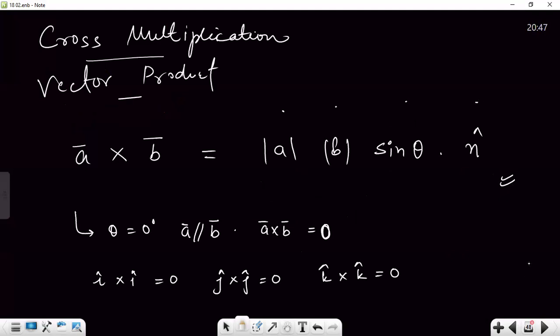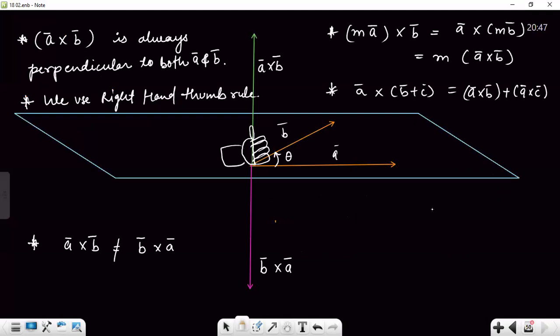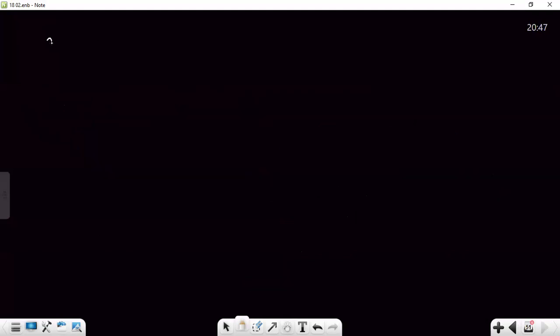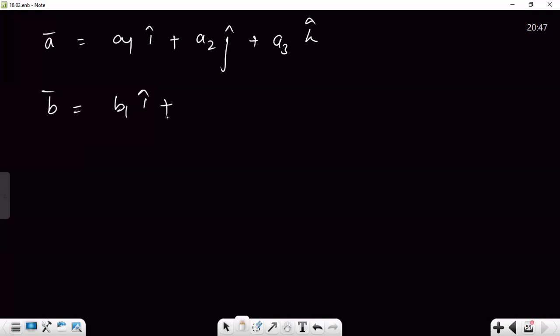But if we have the exact vectors, let's say vector A is given as A1 i cap plus A2 j cap plus A3 k cap, and B vector is B1 i cap plus B2 j cap plus B3 k cap, we have to find the cross vector multiplication.